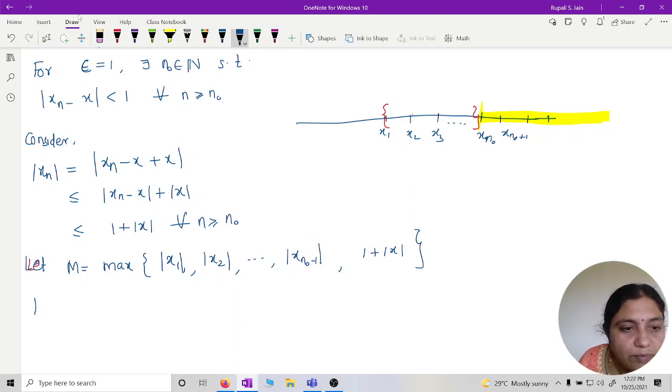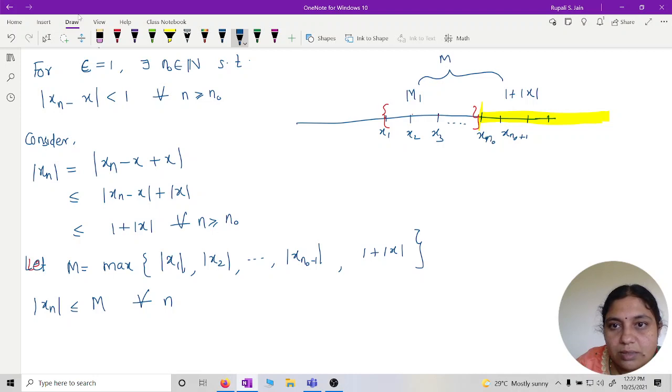Then can I say mod of xn is less than or equal to m for all n? Yes, because you can take m1 for these and 1 plus mod x for the others, and then take the maximum of these, say m. So m is nothing but the maximum of mod of x1, mod of x2 and so on, and 1 plus mod x.